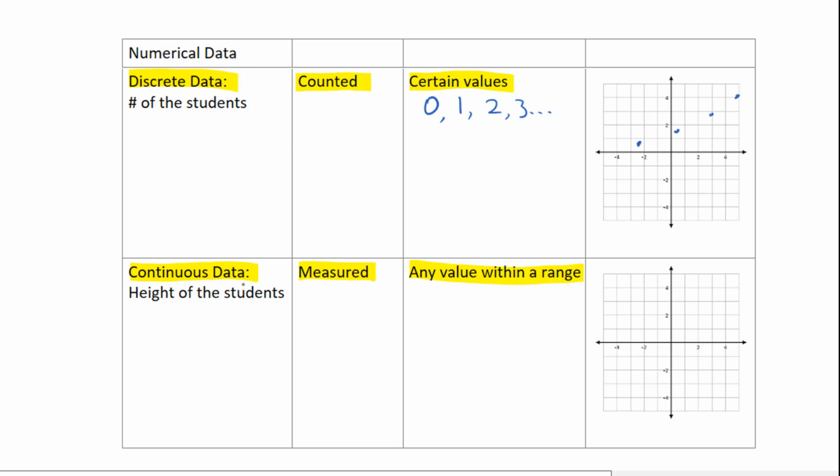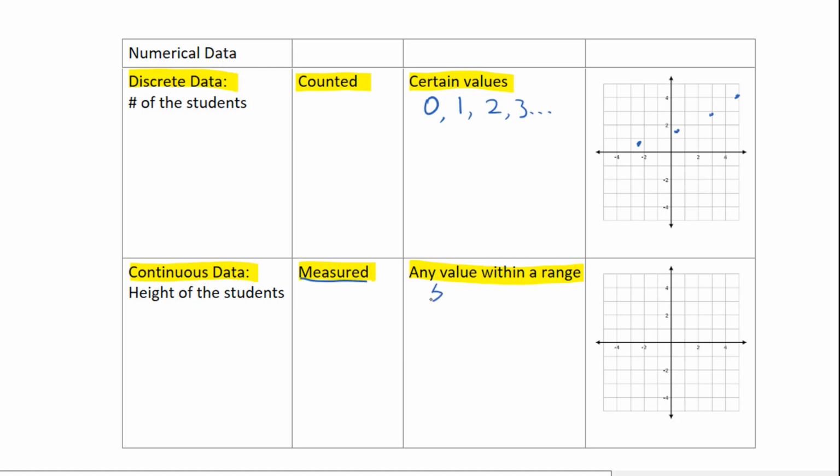For continuous data, like height of the students, the height is not counted. It is measured. It can take any value within the height of a human being. It includes decimals.